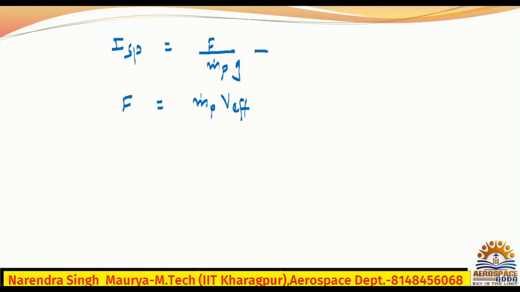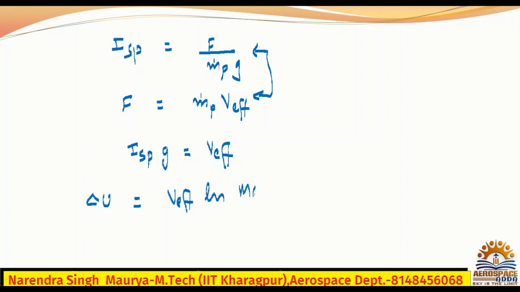So if you relate this, you will get Isp g is nothing but V effective. So if I want to calculate delta U, then I will write V effective ln m naught by mf.